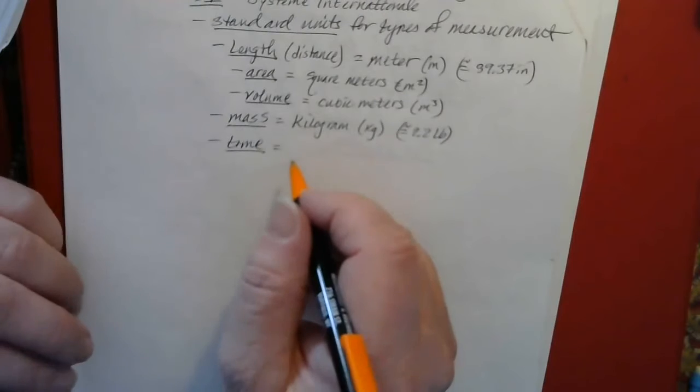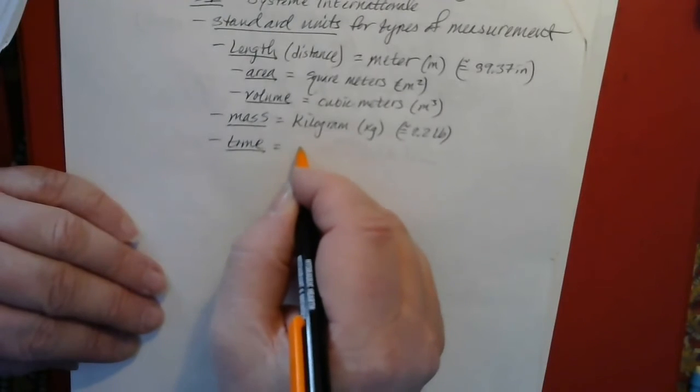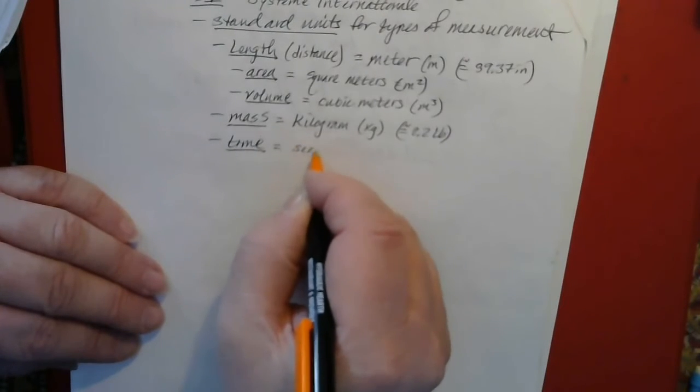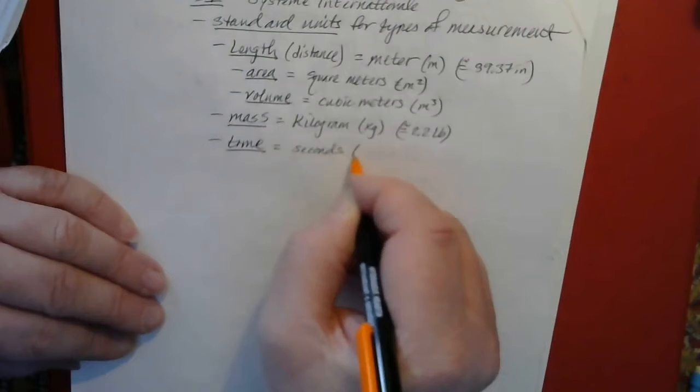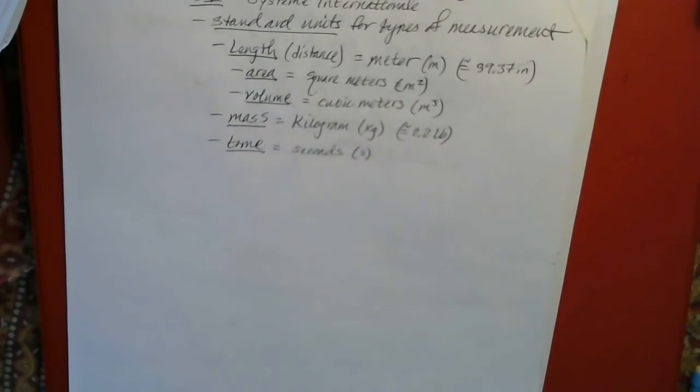Time, the standard SI unit for time is measured in seconds. And don't worry, this is not some kind of weird decimalized metric second. They actually haven't managed to decimalize time and have it work out. Although the metric system was devised during the French Revolution, where they tried to bring hyper rationality to every aspect of life.